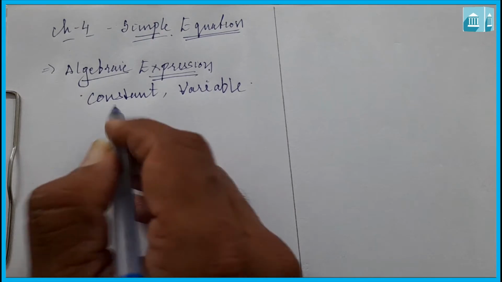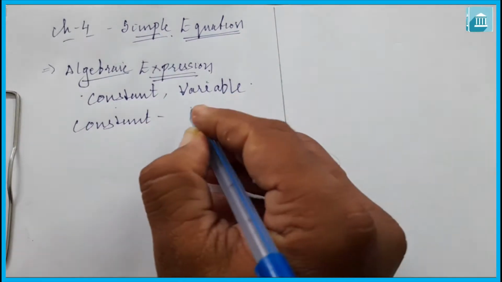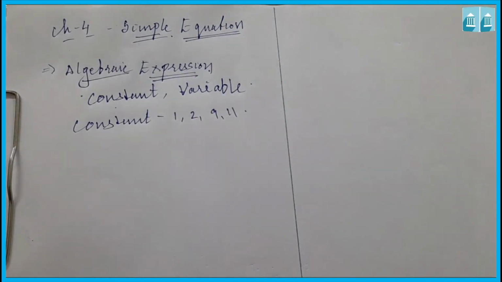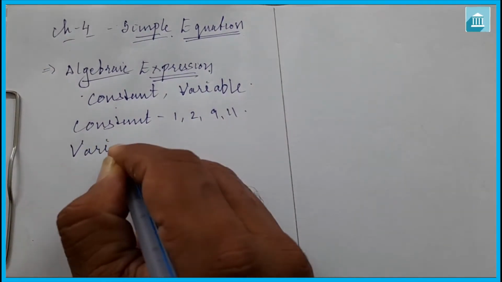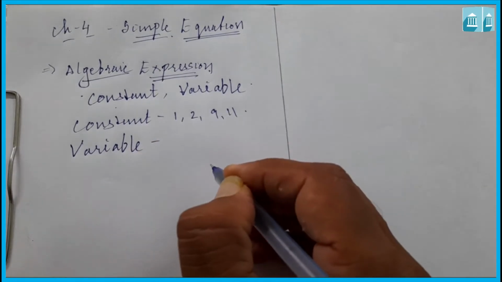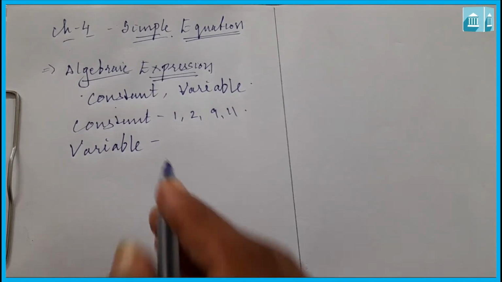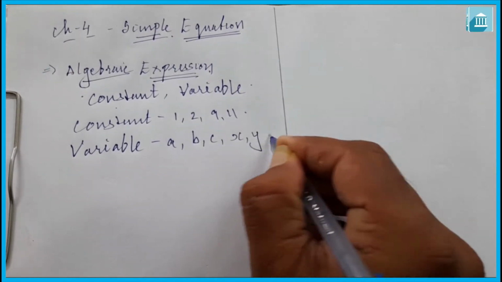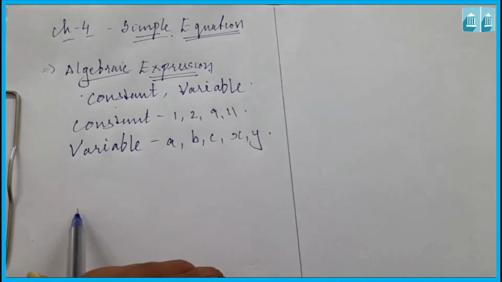Now what are constants? Constants are all the numeric values, जैसे 1, 2, 9, 11, these are all constants. Then variables do not have any fixed values, that is why we use alphabet to symbolize it, है ना. Letters of alphabet जैसे कि A है, B है, C है, X, Y, Z, ये सब हम उनको सिंबलाइज करते हैं.